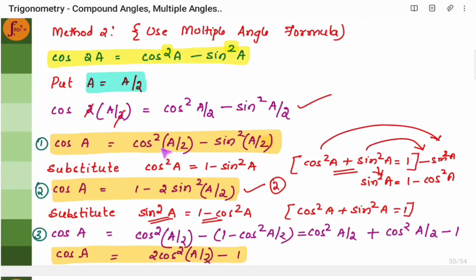That is, copy this cos square A by 2 minus, instead of sine square A by 2, I put 1 minus cos square A by 2. Now I'll simplify. Cos square A by 2 minus 1, minus into minus is plus, plus cos square A by 2. Cos square A by 2 plus cos square A by 2 is 2 cos square A by 2, and then we have minus 1. So we got the third formula.